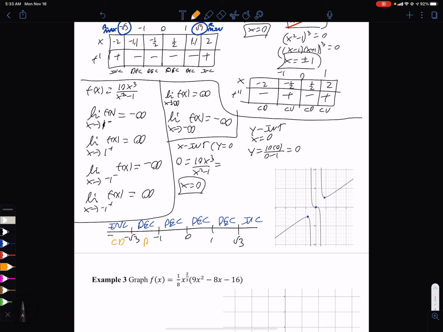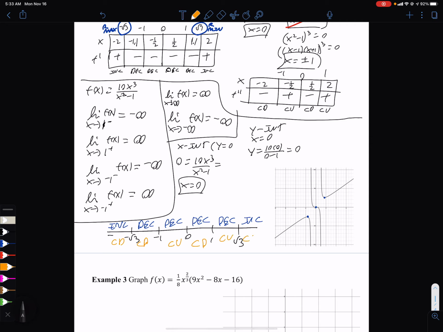And then we get concave down, concave down, concave up, concave up, concave down from 0 to 1. Whoa, back up. Concave down from 0 to 1. Concave up to the right of 1.